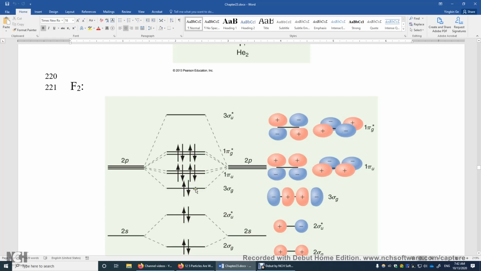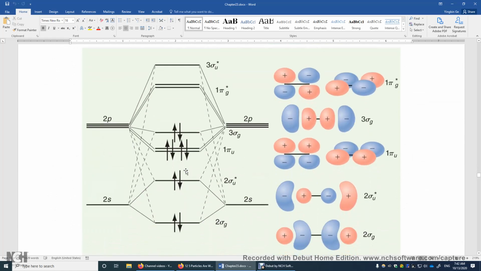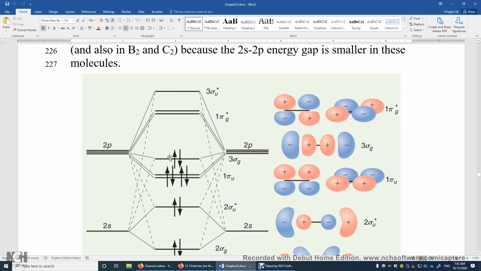This one is bumped down, but it does not change the order of the energy of the MOs. So that's why in this picture of N2, this 3 sigma g now lies above the 1 pi u orbitals.